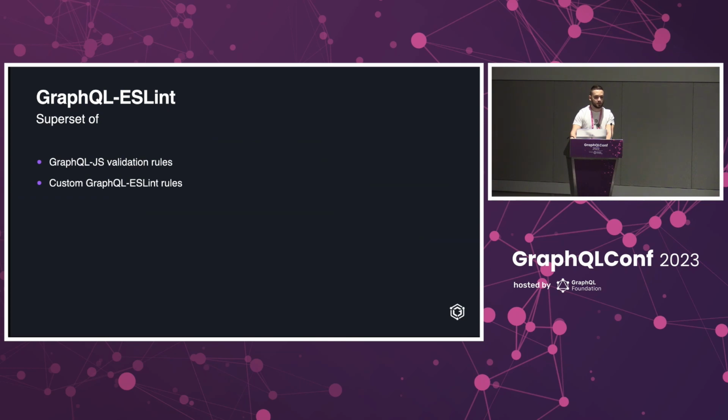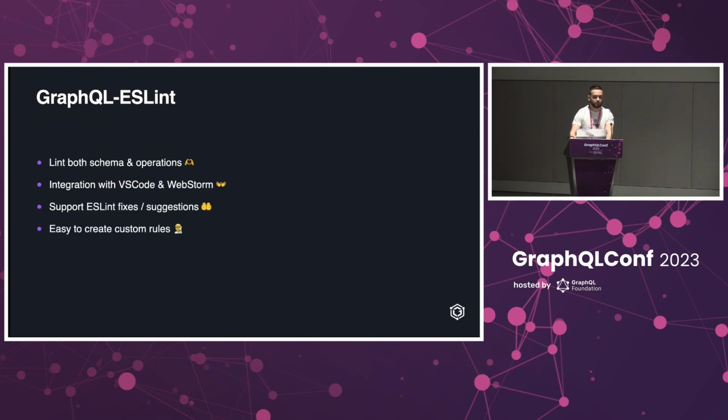What is GraphQL ESLint? In two phrases, I can describe GraphQL ESLint as a superset of GraphQL JS validation rules and custom GraphQL ESLint rules. GraphQL ESLint lints not only schema or operations, but both schema and operations. Even the rules in GraphQL ESLint are split into categories: rules for schema, rules for operations, and rules that you can run for both.